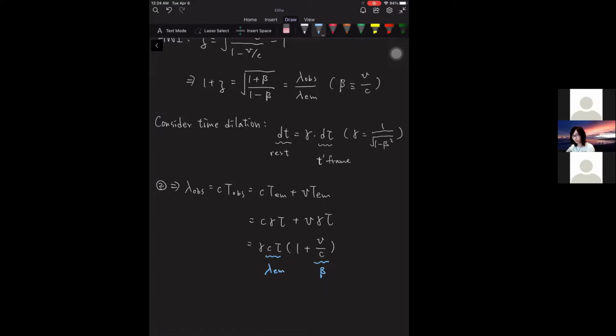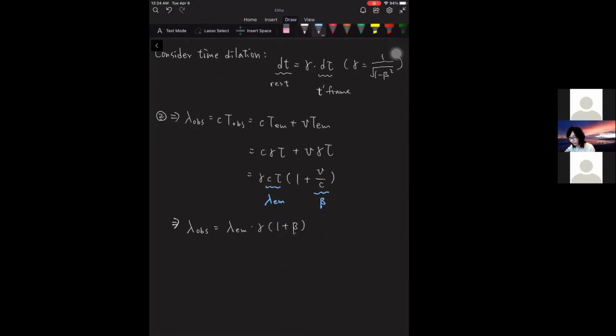Okay, so now we get that the observed wavelength is the emitted wavelength multiplied by gamma times 1 plus beta, right?